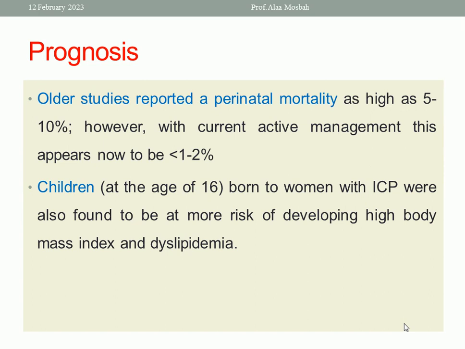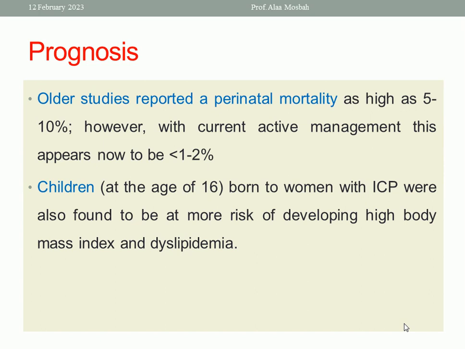So early management is important, and strict follow-up for the mother and the fetus by fetal well-being tests, by biophysical profile. Taking the decision at the proper time for delivery is important also, as I said before.